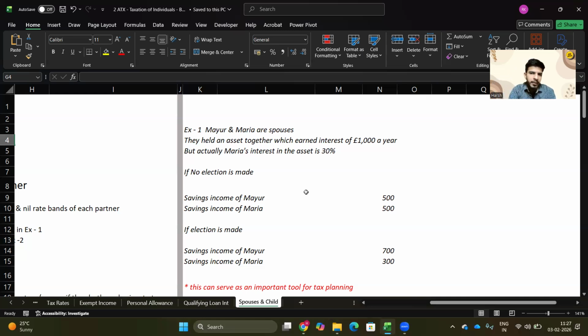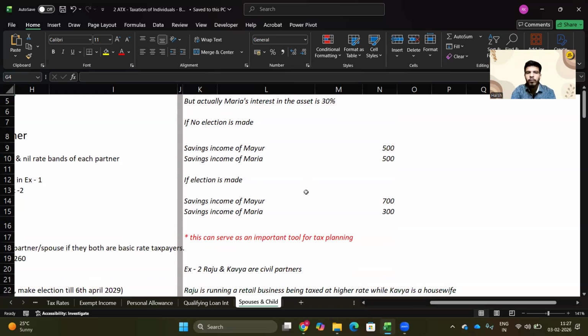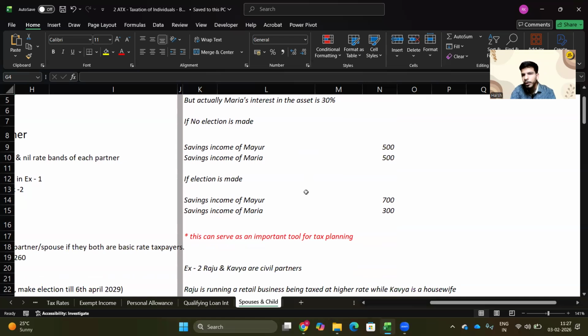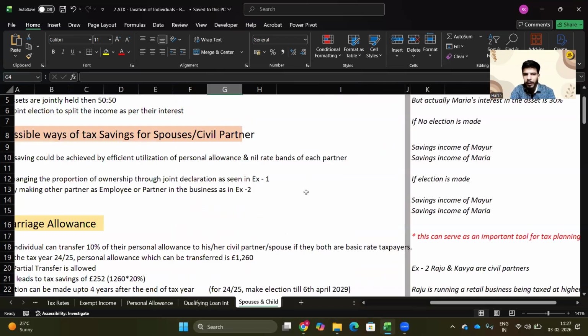Then the £1,000 a year of interest would have 30% allocated to Maria, that is £300, and Mayur would have £700. So this can be an important tool you can consider for tax planning.